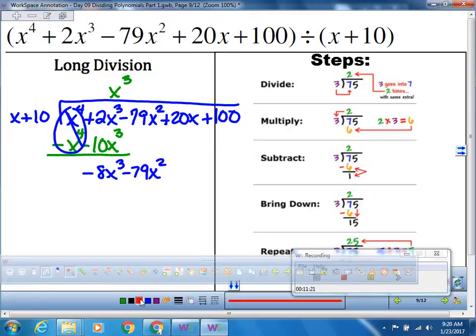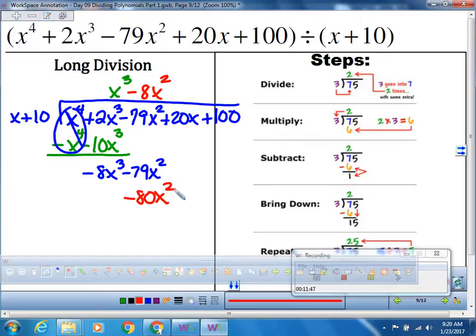X goes into negative 8x cubed, negative 8x squared times. And I know it should be right there because that's the next one I have, right? So I have negative 8x squared. Negative 8x squared times 10 is negative 80x squared.